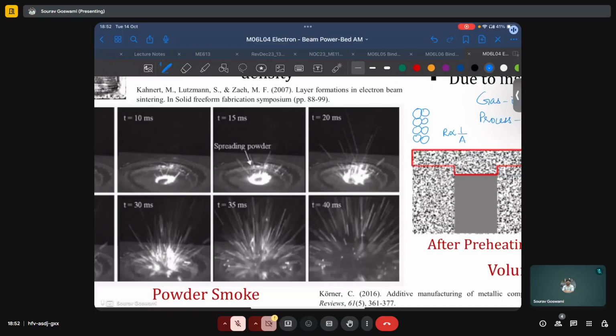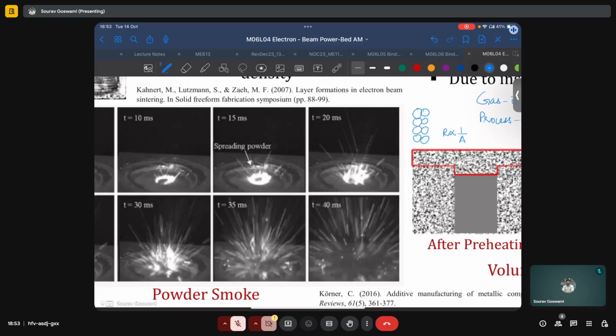When the layer of powders is bombarded with this electron beam, the charge tends to accumulate. In a bulk system, where we are just assuming a continuum approach, these electrons would have flowed through the conductive material and spread out evenly, whereas because of the discrete nature of the powder bed and the very small contact between discrete particles, they tend to get accumulated right below or in the region surrounding the electron beam.